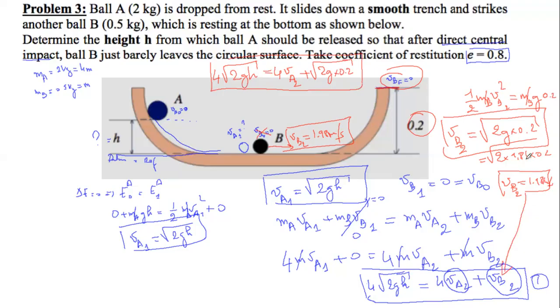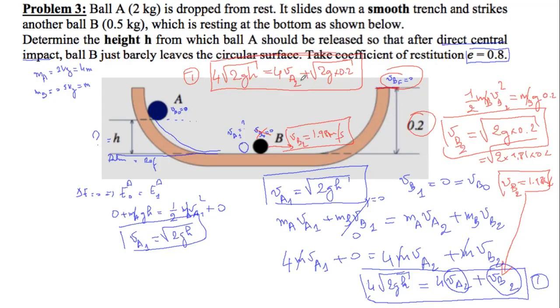I just took equation 1 and I replaced VB2 by its value. So we have this equation here, which is just another version of equation 1. So you write it down.